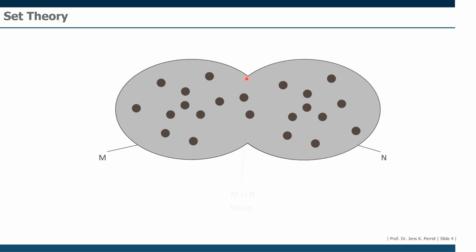That's what we call the union. That's a normal U, or something which looks like a normal U. That's the union of two sets. Everything which is in set 1 or in set 2, both of them added together.